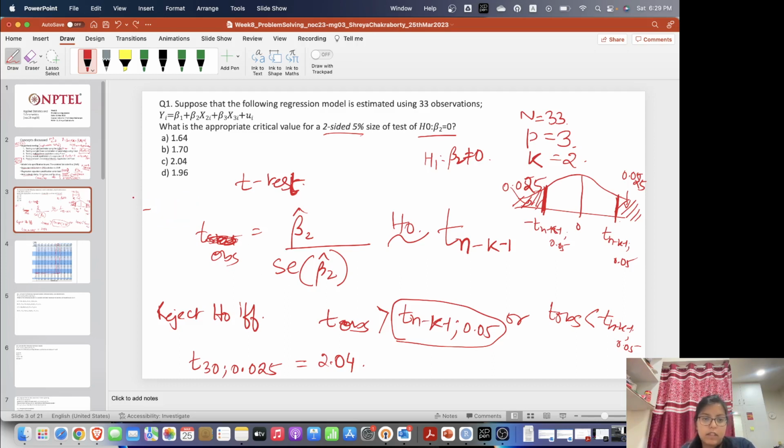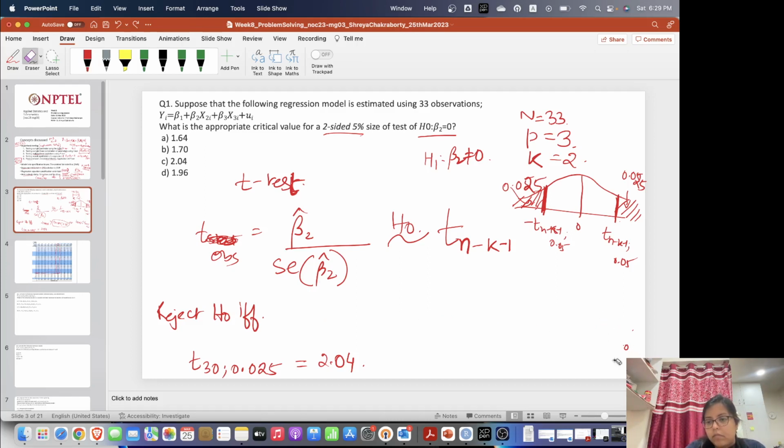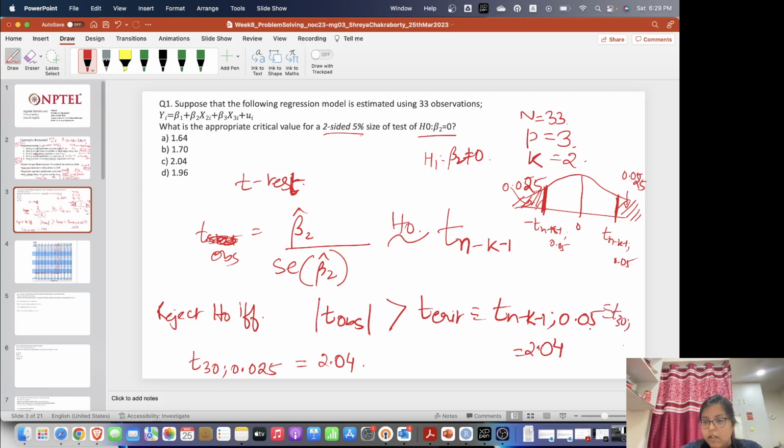Or if I can rephrase this, the rejection rule is modulus of T observed is greater than T critical, that is T n minus k minus 1 0.05, which is 2.04, because this is T30, I'm sorry, this is 0.025, that is T30 0.025, which is 2.04.